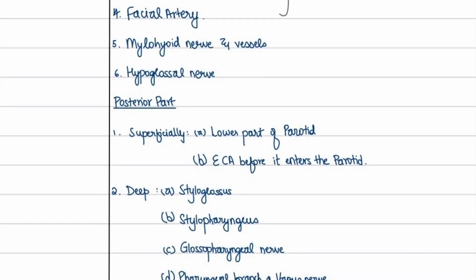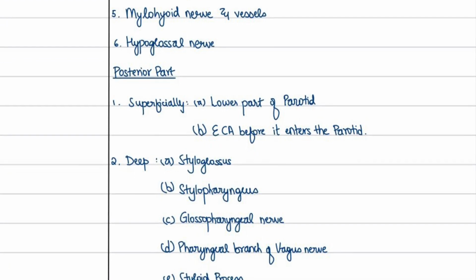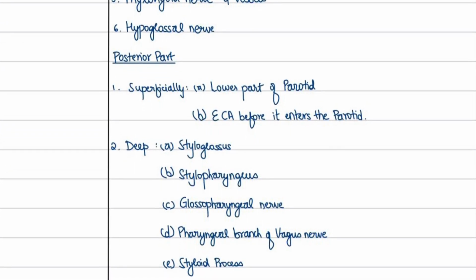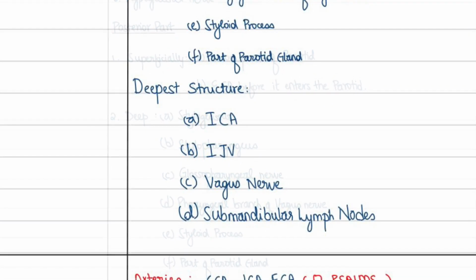So superficially, we have the lower part of the parotid, external carotid artery before it enters the parotid, and deep lies the styloglossus, stylopharyngeus, glossopharyngeal nerve, styloid process, and part of the parotid gland. The deepest structures here are the internal carotid artery, IJV, vagus nerve, and submandibular lymph nodes.